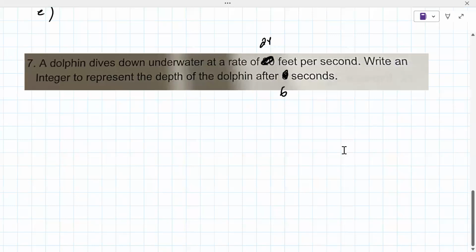How did you come up with that? I multiplied negative 24 times 6. Try that one more time, please. Should be a different answer. Must have done math wrong. Negative 144. Yeah. Or somehow you have to say it's 144 feet below. Something like that would work. Yeah. Correct.